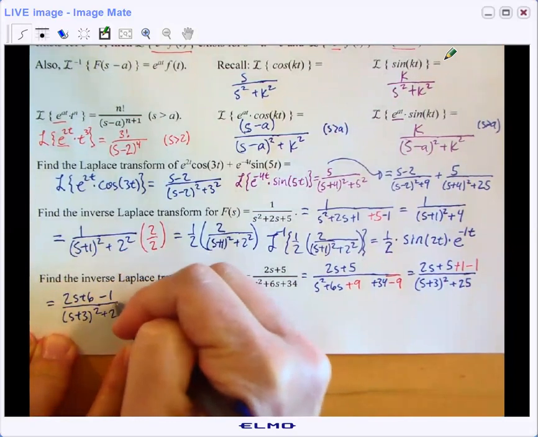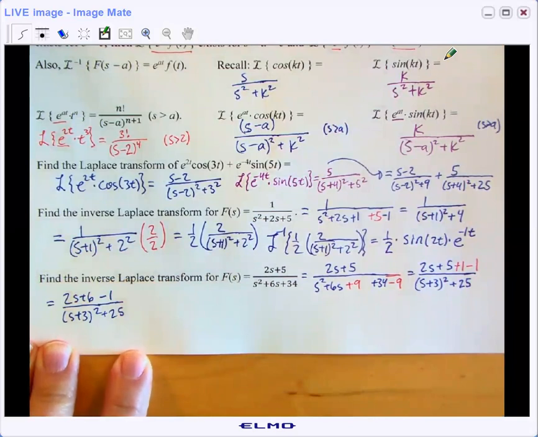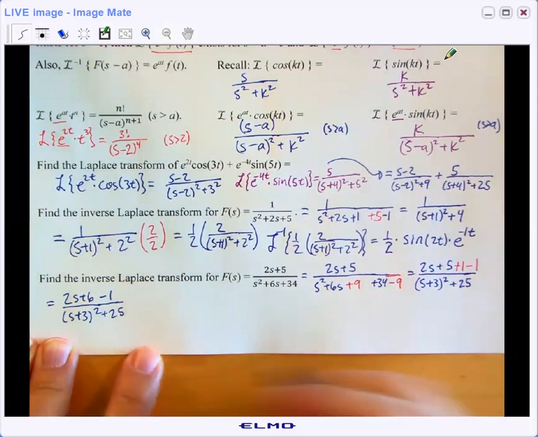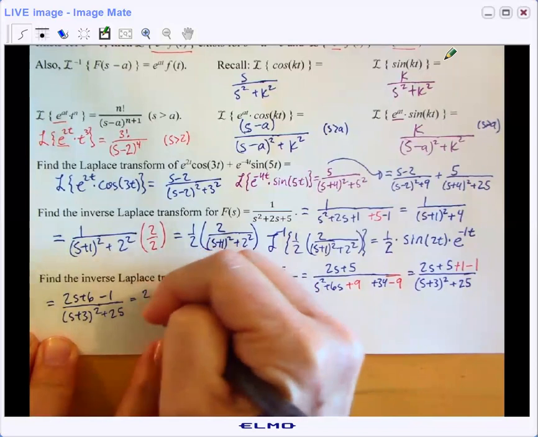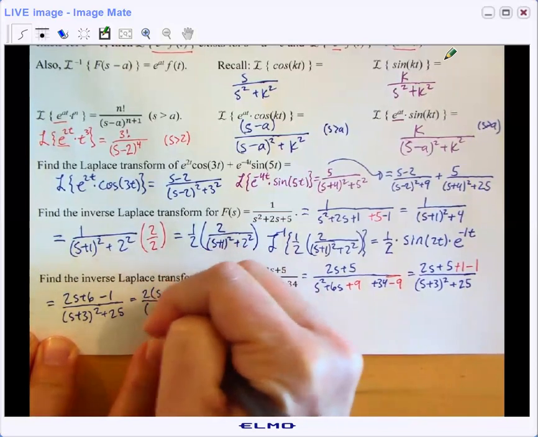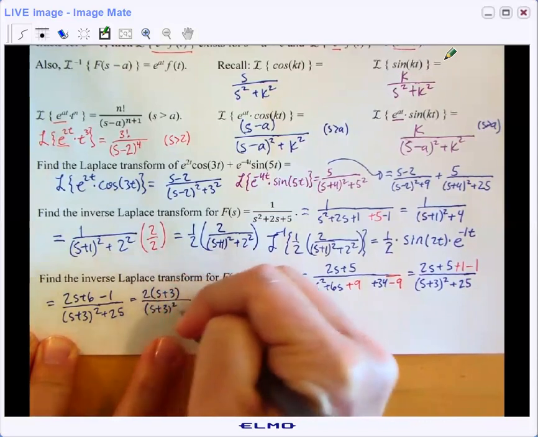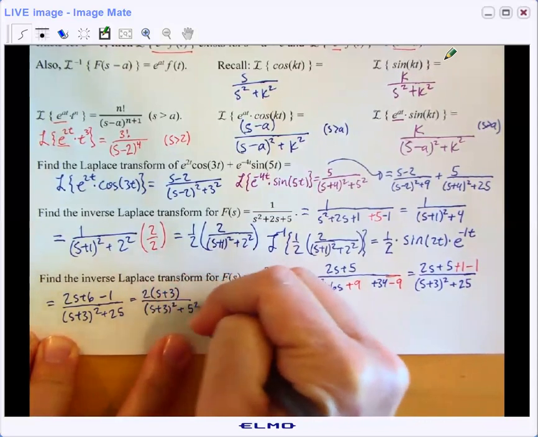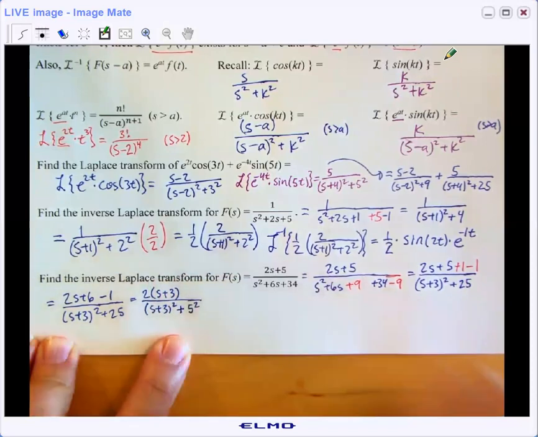But this can break down and will be a lot easier to handle because I can write this as 2 times (s + 3) over ((s + 3) squared plus, and to help us notice the pattern, I'll call 25 5 squared.